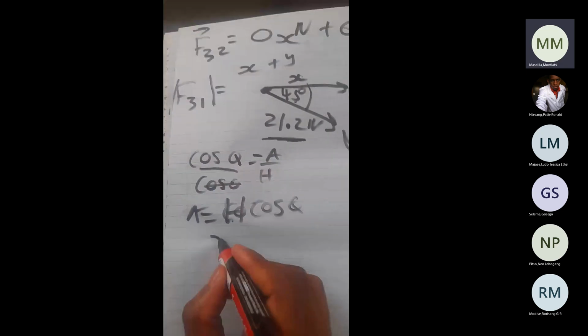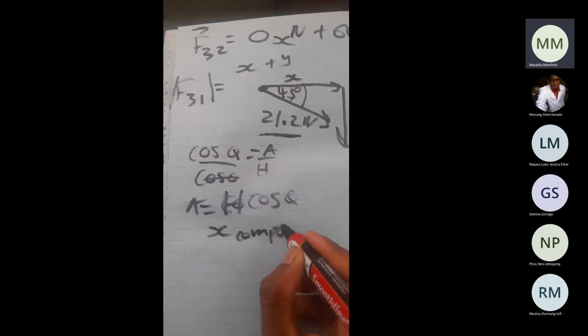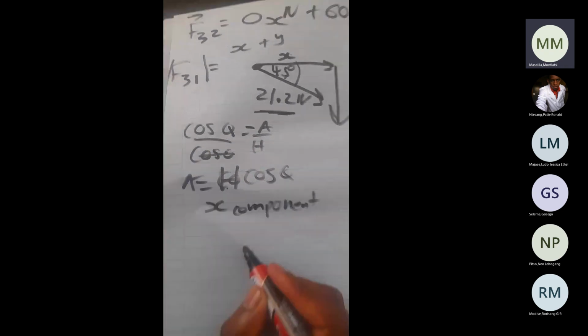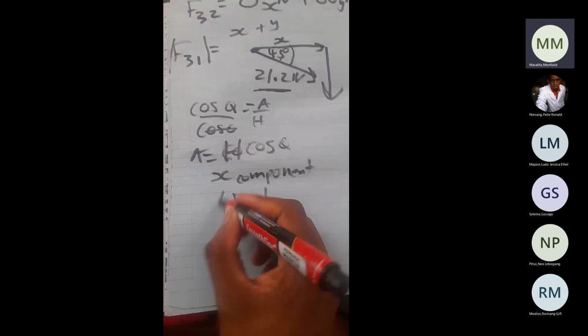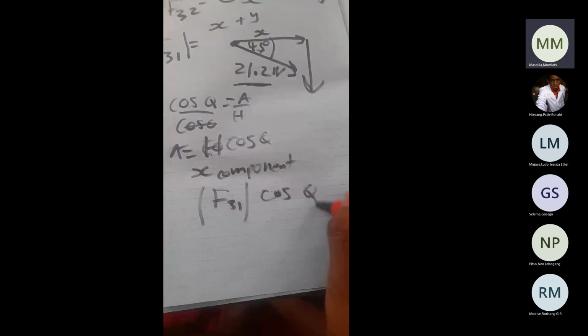So our x component of this force is F31, which is our h again, times cos theta.